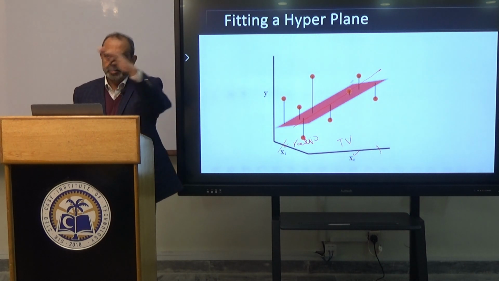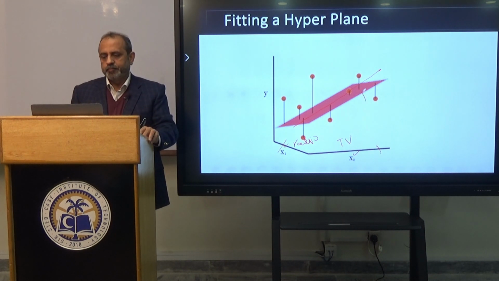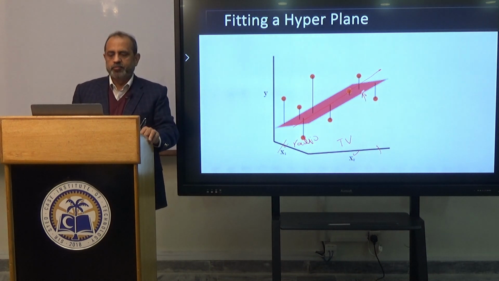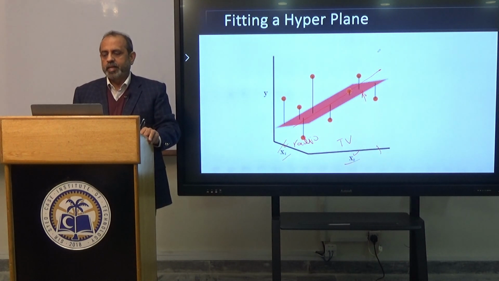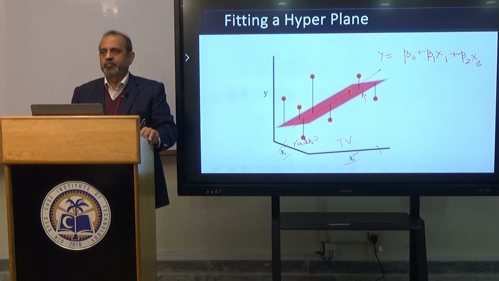There are points all over the place, and you fit a plane. The equation of a plane depends upon x1 and x2. So y, the sale, will be an intercept b0 plus b1 x1 plus b2 x2. This is the equation of a plane.